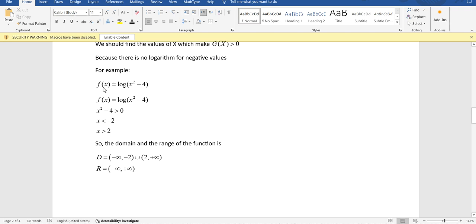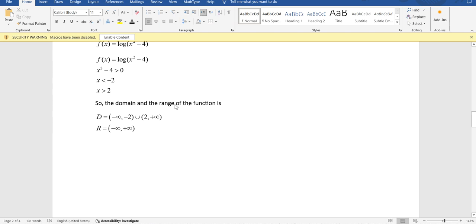First example we'll discuss: f of x equals log of x squared minus 4. We need to find the values of x which make the inside of the logarithm larger than 0. We need to solve this inequality: x smaller than minus 2 and x larger than 2.